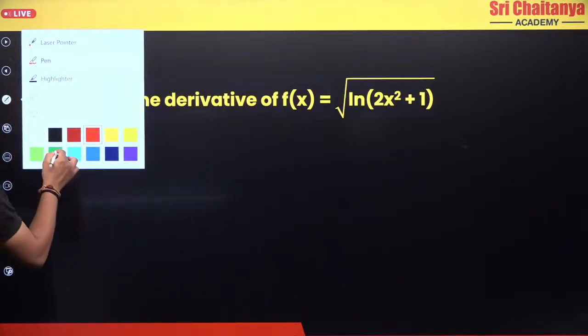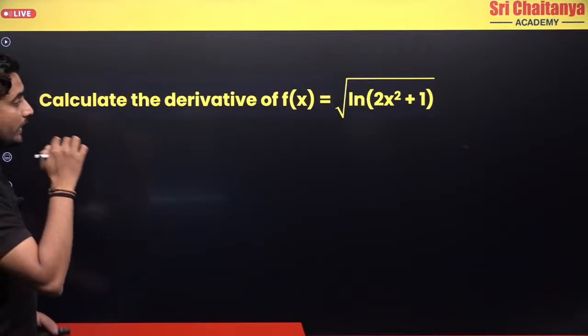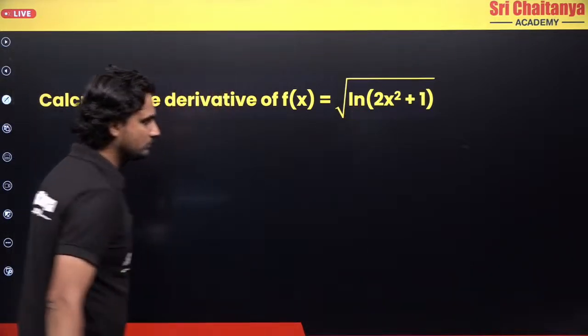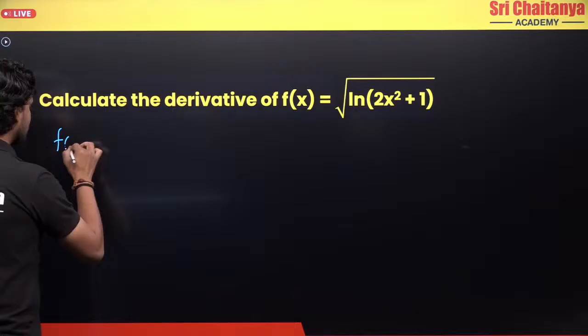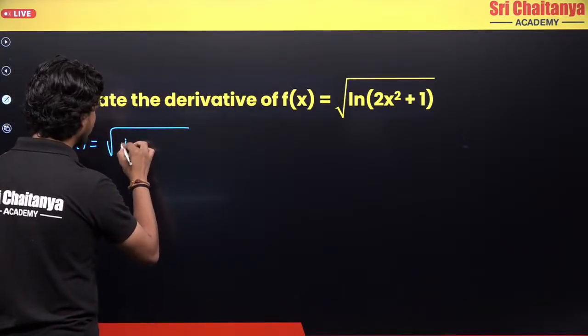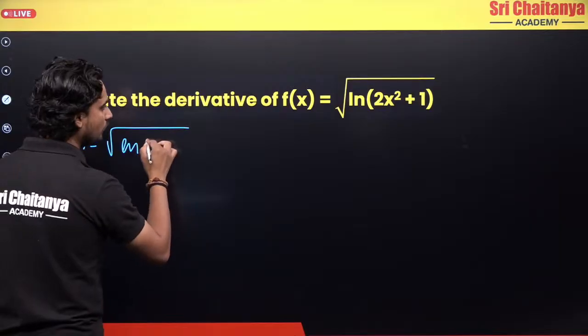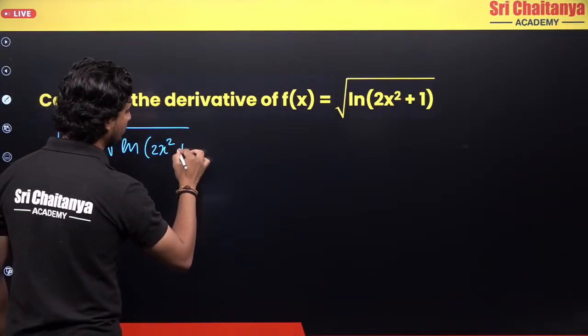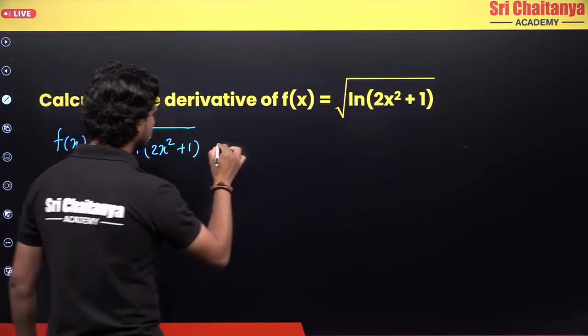Okay, what do I have? I have to calculate the derivative of f(x) equal to this function. Okay, so what do I have? f(x) is equal to, right, root of ln(2x square plus 1). So what can I write this as?